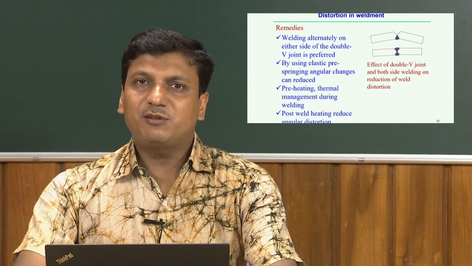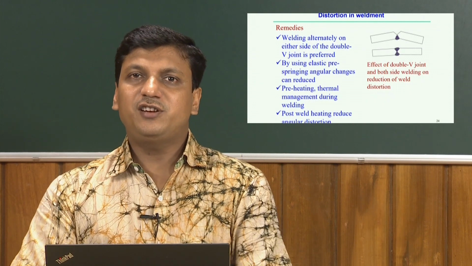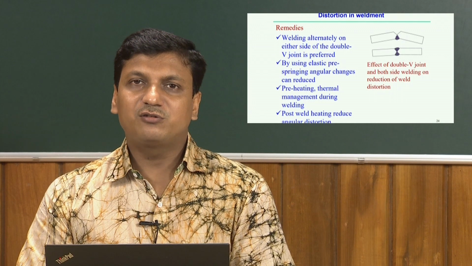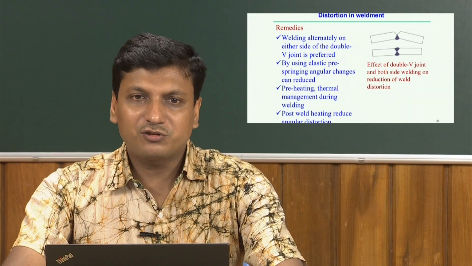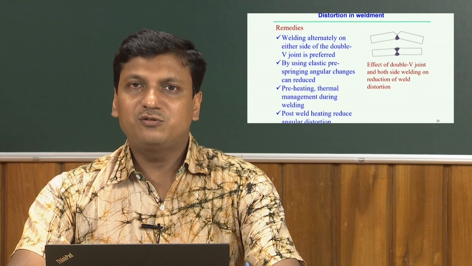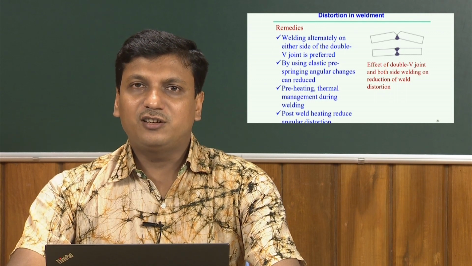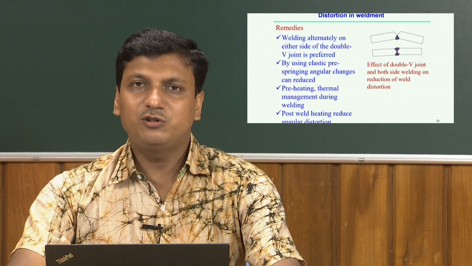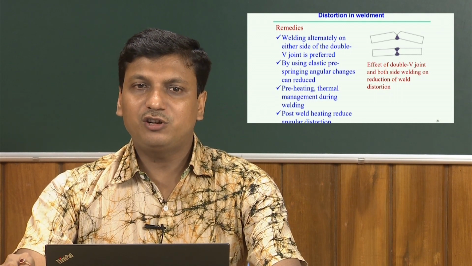Definitely, preheating of the material before welding can also reduce the distortion. Thermal management during welding, that means controlling the thermal cycle, the time-temperature cycle during the welding process, also influences the distortion level of the weld joint.